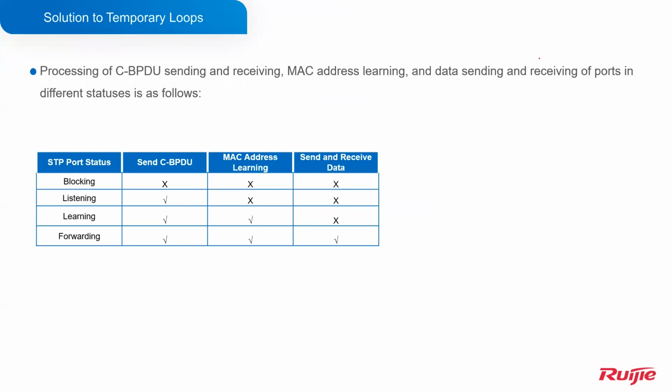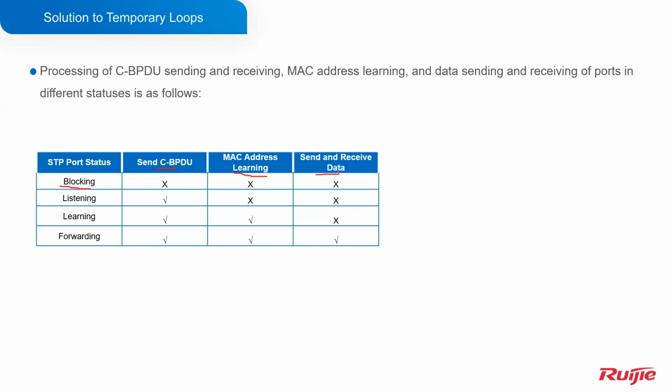To solve this problem, let's see the port status. The processing of BPDU sending and receiving, MAC address learning, and data sending and receiving of ports in different states is as follows. Firstly, for the port status, we have 4 types. First is blocking. In the blocking state, the port cannot send BPDUs, cannot learn MAC addresses, and cannot transmit service data.